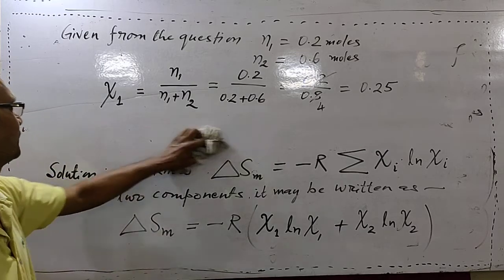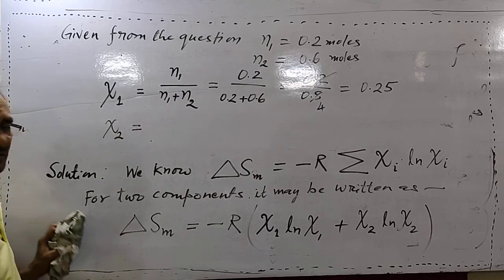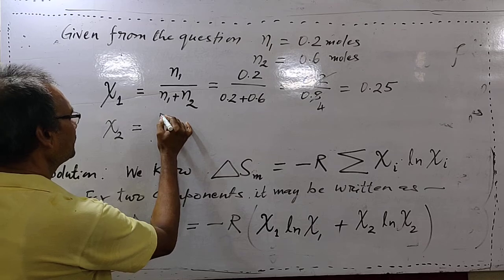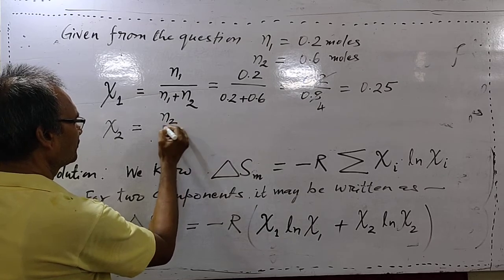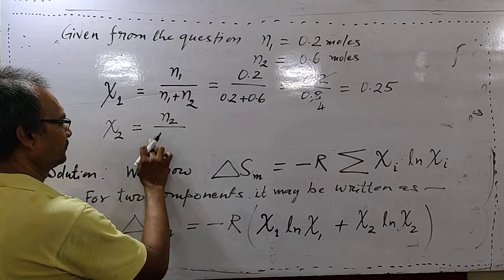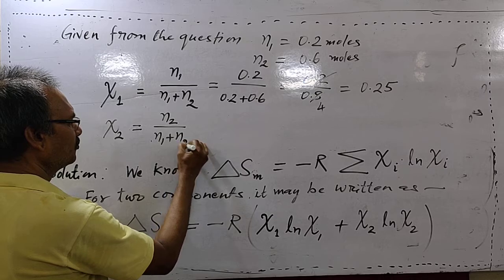Similarly chi_2, the mole fraction of the other gas, is the number of moles of the second gas divided by total number of moles.